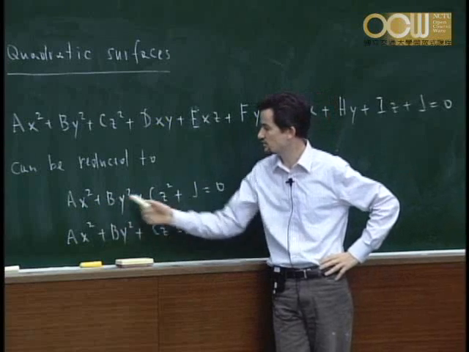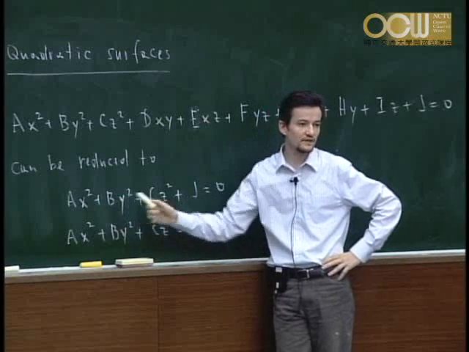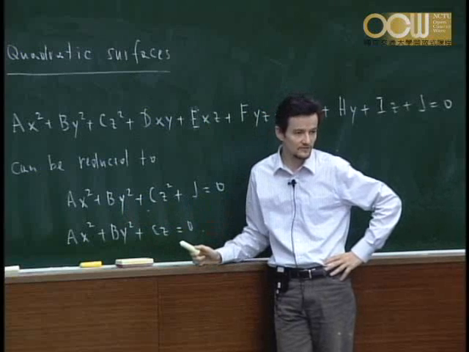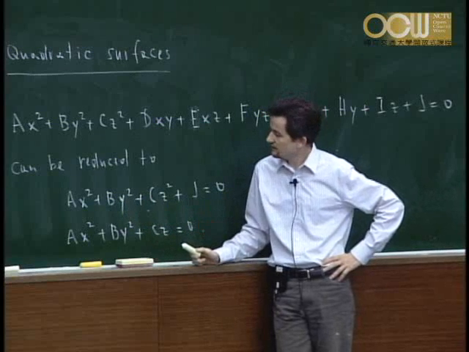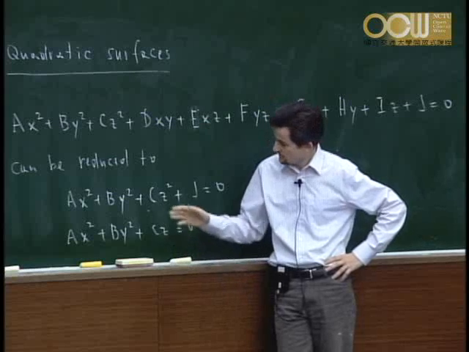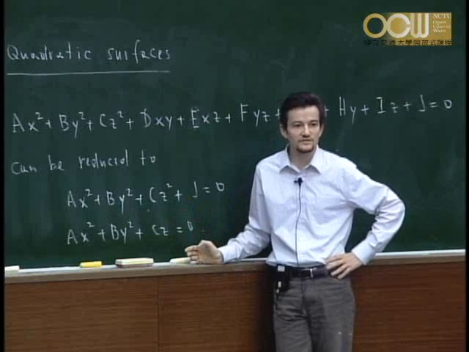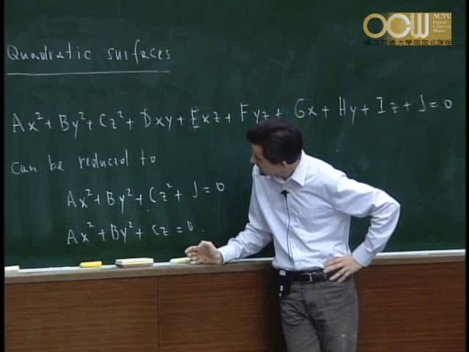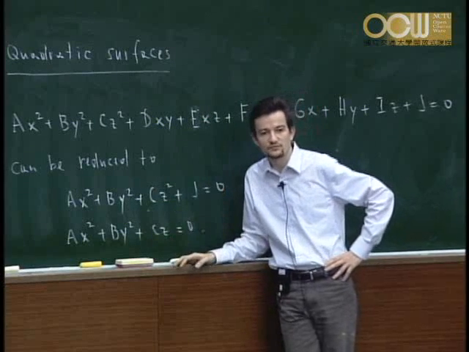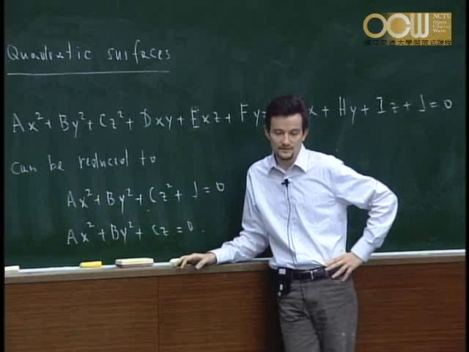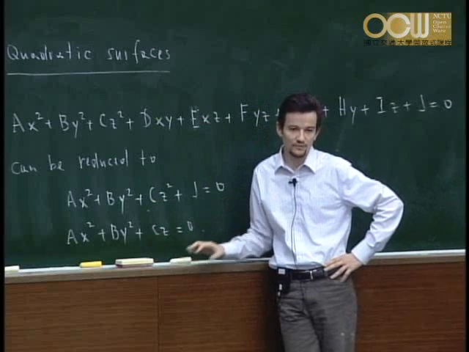For instance, all of them positive, or only one of them negative, all others positive, and so on. I do not have to discuss the case where 3 are negative and 1 is positive, because then I multiply everything with -1, and I get 3 positive, 1 negative.